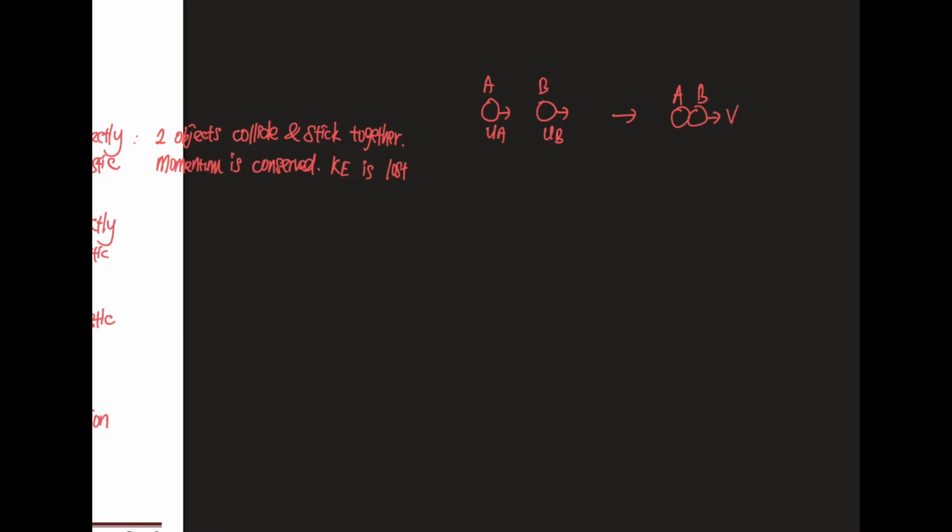We can use the principle of conservation of momentum in this way: mAuA plus mBuB equal to (mA plus mB) times v, where on the right-hand side we add up the masses and multiply with the velocity.